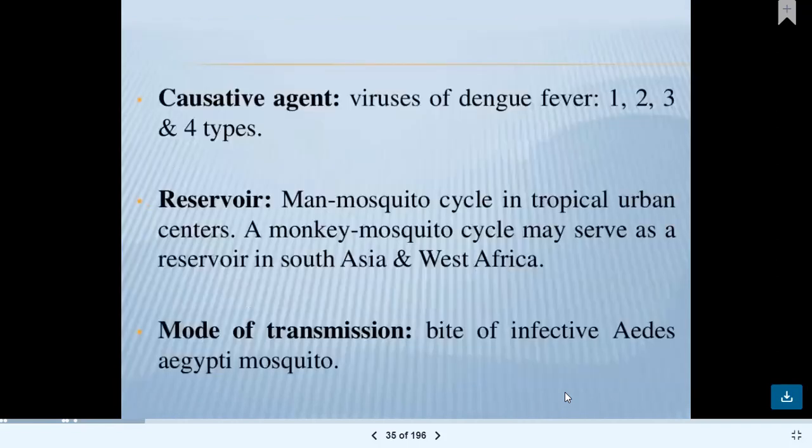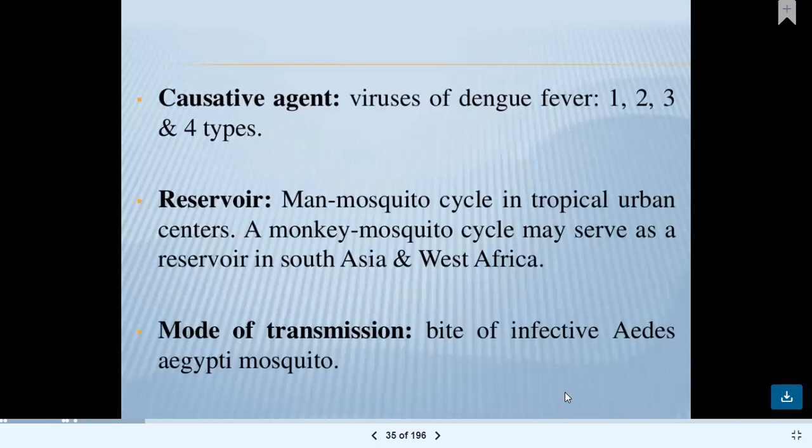Now the causative agents for dengue. Viruses of dengue fever are of 4 types, namely 1, 2, 3, and 4. If we talk about the reservoir, it is the man-mosquito cycle in tropical urban centers. A monkey-mosquito cycle may serve as a reservoir in South Asia and West Africa.